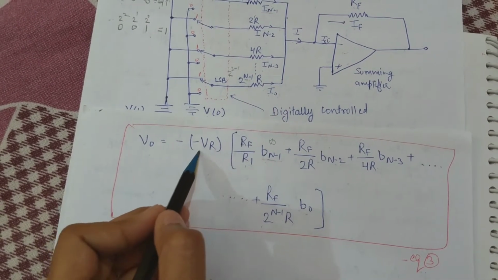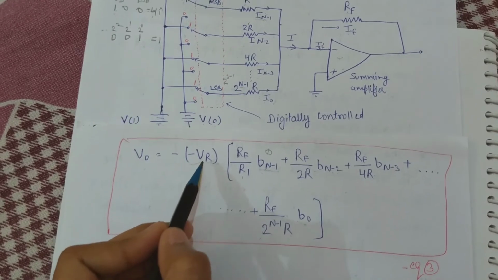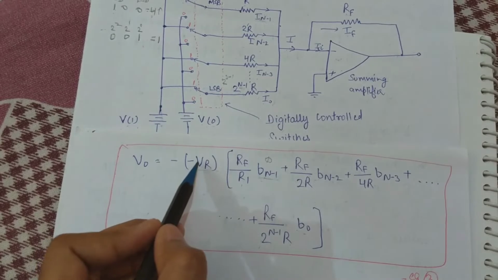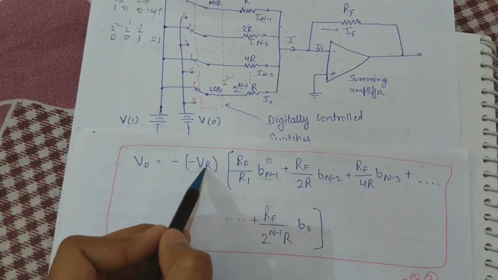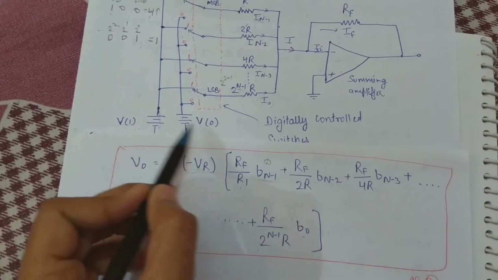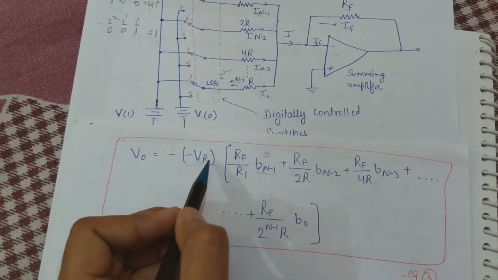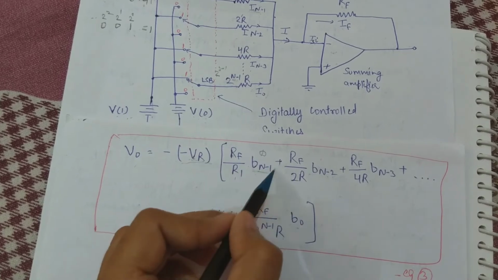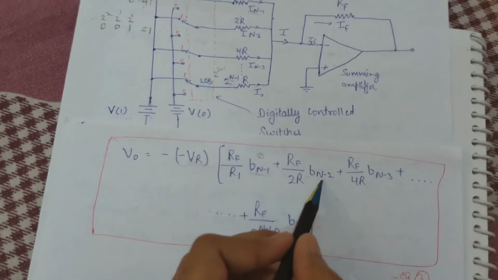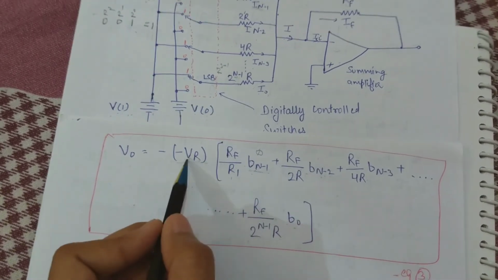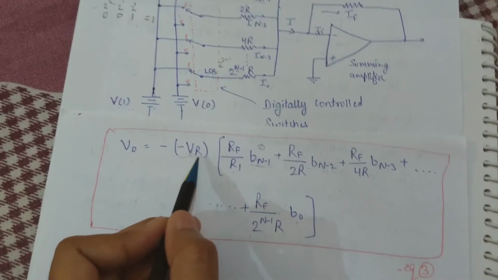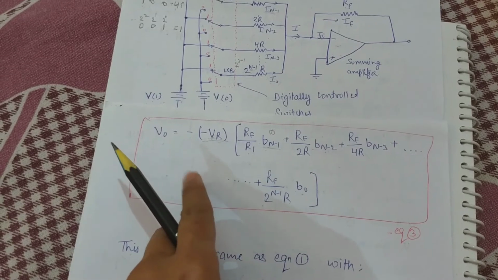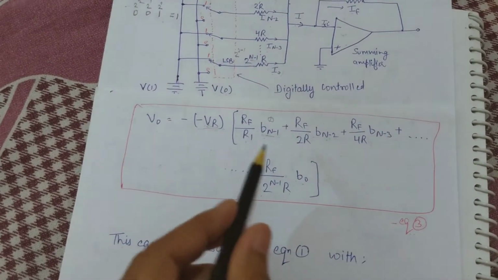And what is this voltage? This is the reference voltage. It can be V1, it can be V0. So this is our reference voltage, which could be 1 also and 0 also. So if the bit is 0, then all this term will become 0, and if the bit is 1, it will be multiplied by the reference voltage. Okay, I hope this is clear to you now. This is the final output that you will get corresponding to your digital input.